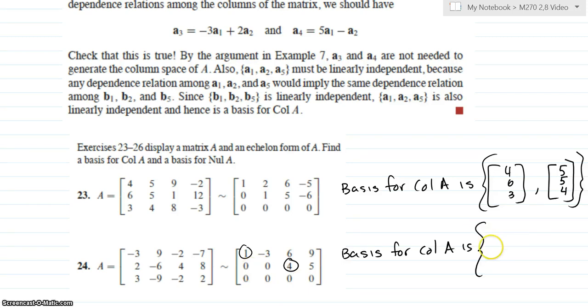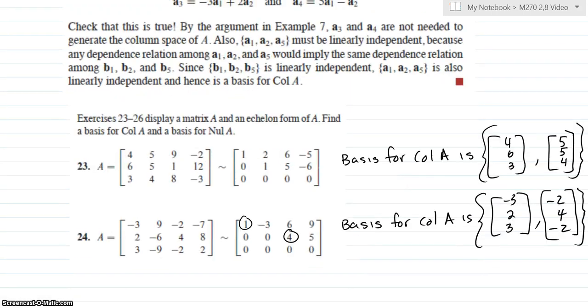So it's going to be the -3, 2, and 3, with the third column, -2, 4, and -2. I was worried for a minute because it was looking similar, but they have that negative there. That should be the basis for the column of A for number 24.